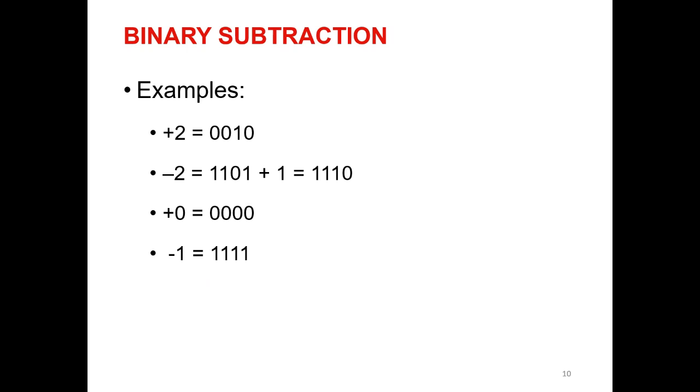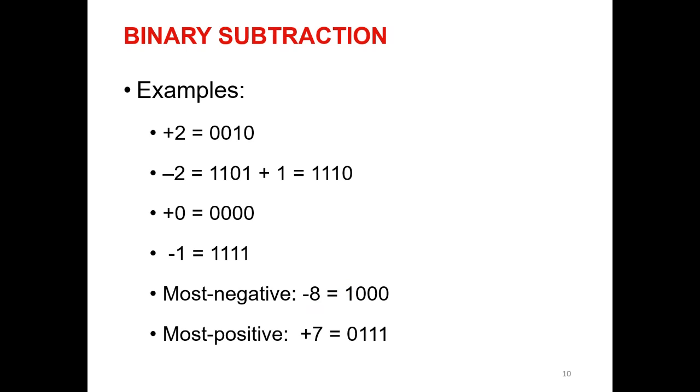And the most negative number using 4 bits is minus 8, where this 1 here indicates that it's a negative value. And the most positive value will be plus 7, where this 0 here indicates that it's a positive value.